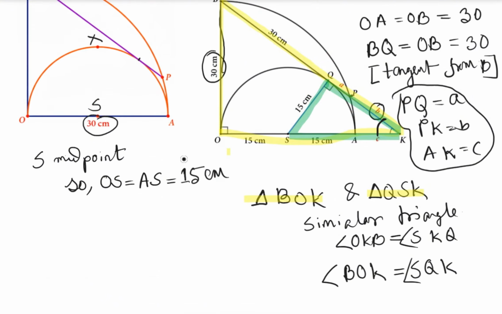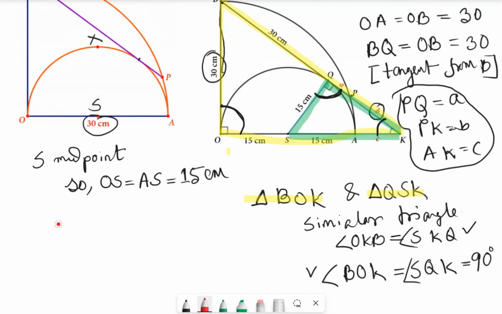So BOK, this angle, and SQK, this is equal, and of course they are right angle triangles. So when two angles of a triangle are equal to two angles of another triangle, we can say those two triangles are similar, right?